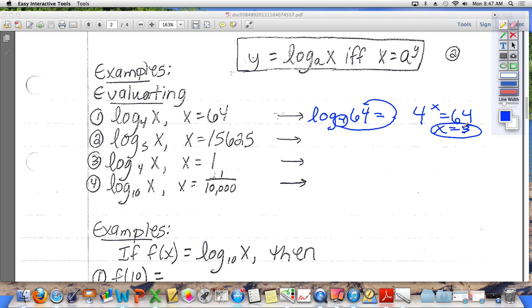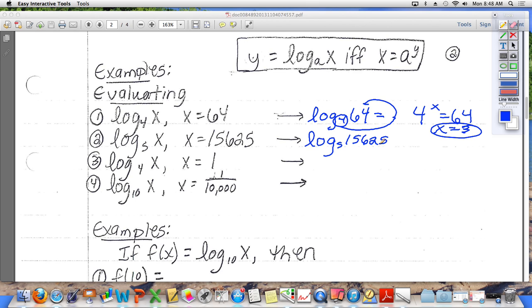What about this one? Log base 5 of x when the x value is 15,625. So you are calculating log base 5 of 15,625. I am trying to figure out what power I put 5 to that will give me 15,625.